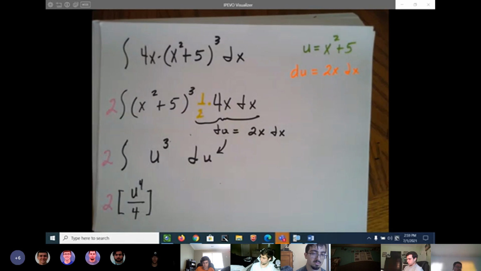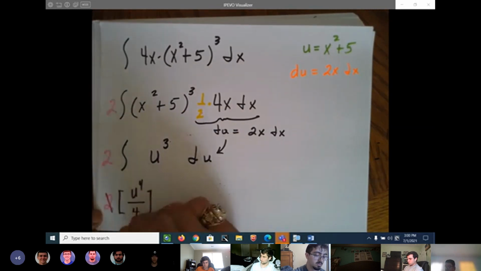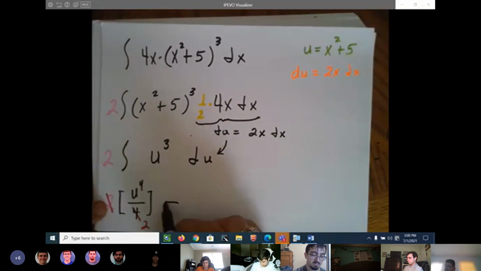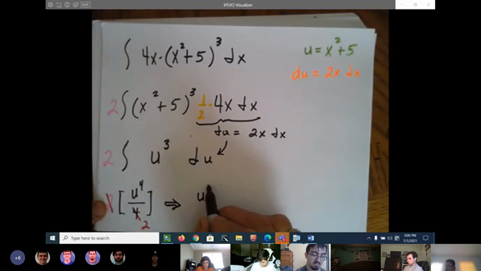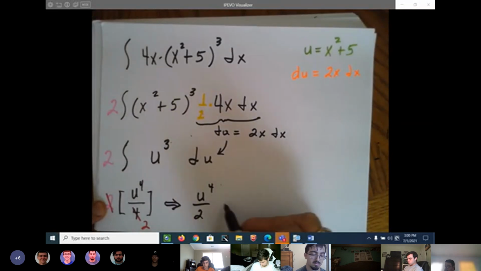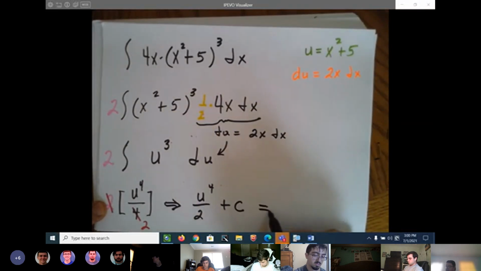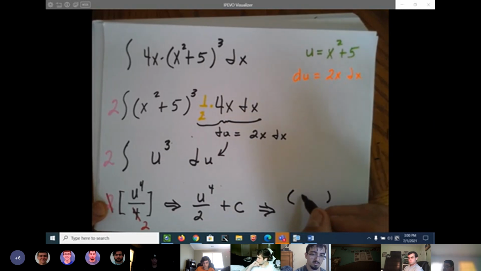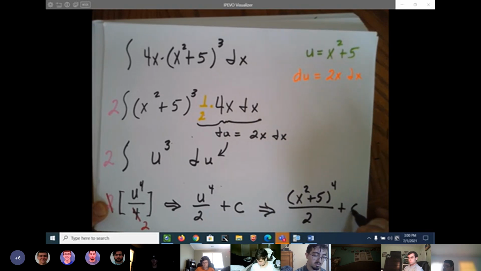And the 2 and the 4 do what? Cancel. So now you have u to the 4th over 2 plus c, and u to the 4th is x squared plus 5 to the 4th over 2 plus c.